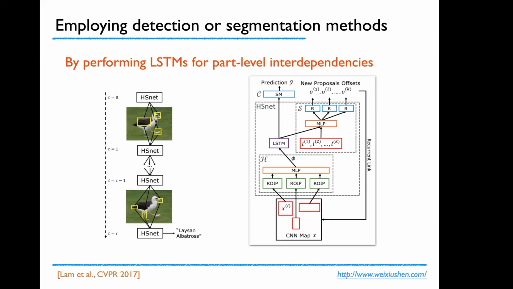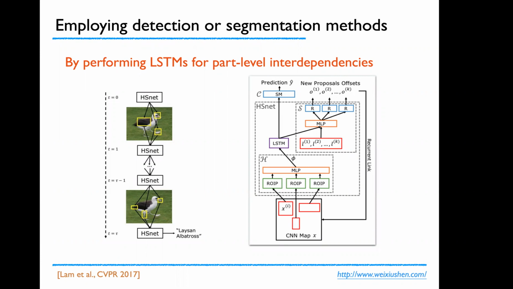For instance, this is a work proposed by Lam et al. in 2017, and they proposed to sequentially uncover discriminative image parts and reason over the entire search trace for recognition based on LSTM.